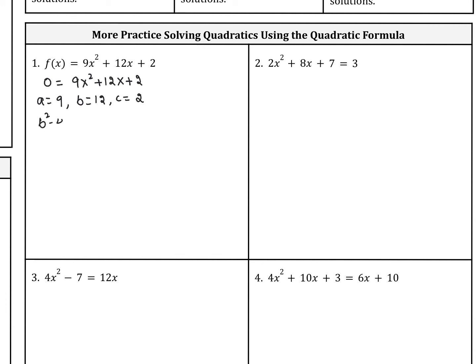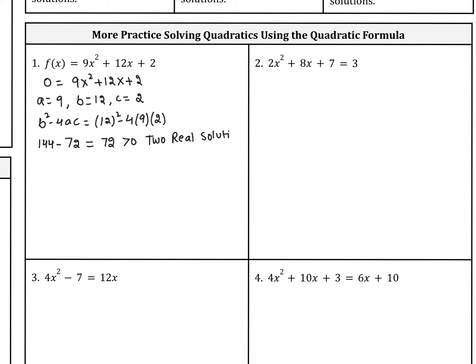B squared minus 4AC, and that's going to be 12 squared minus 4 times 9 times 2. So 12 squared is going to be 144, minus 9 times 4 is 36, times 2 is 72. And now you're going to subtract these. 144 minus 72, you got 72, which is greater than 0. So you're going to have 2 real solutions.